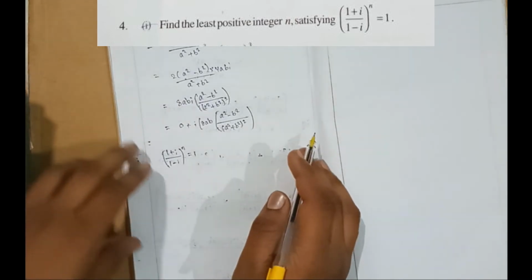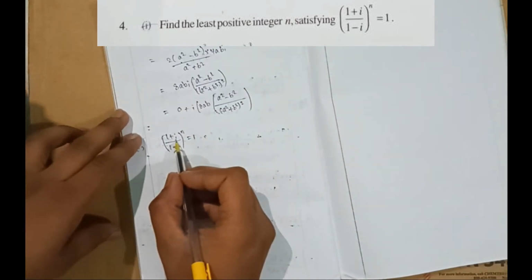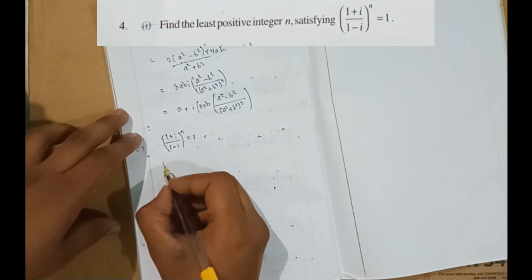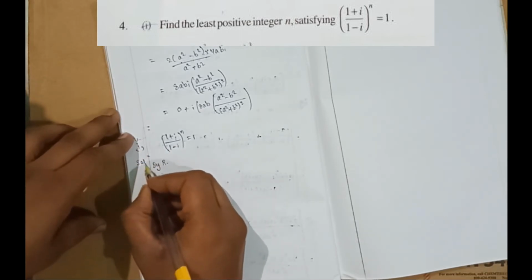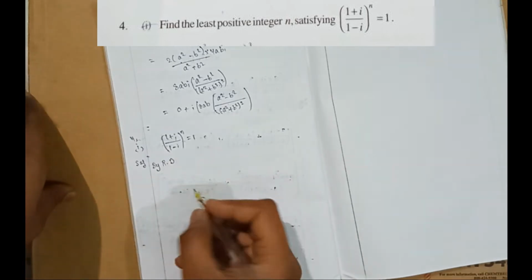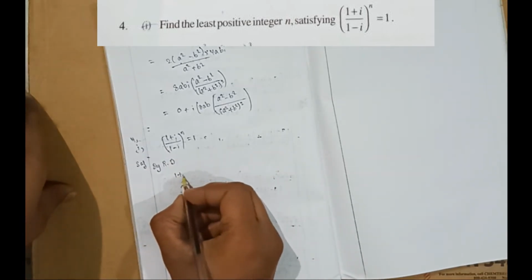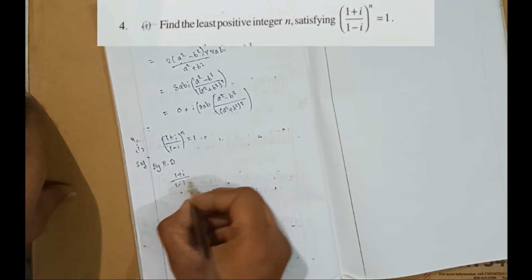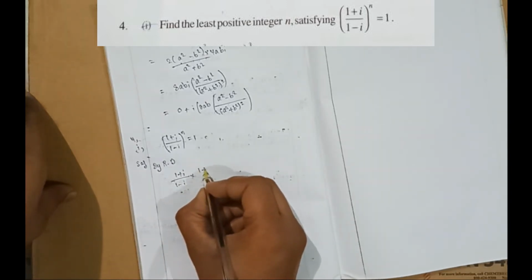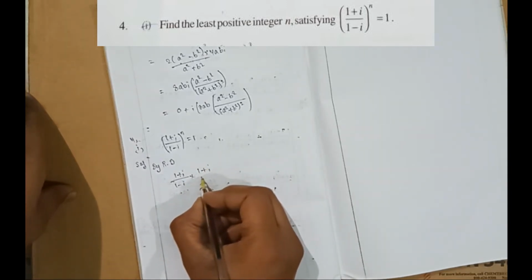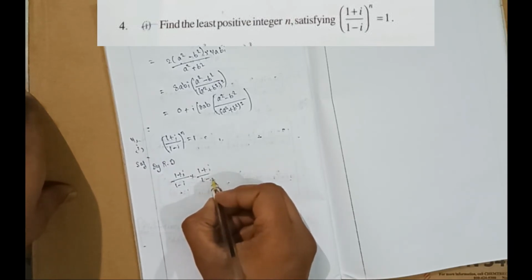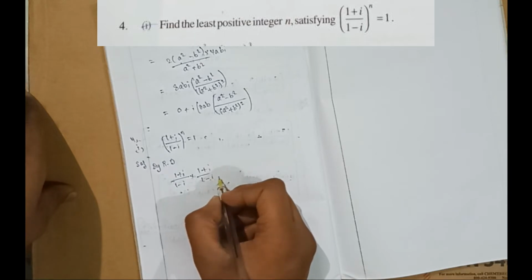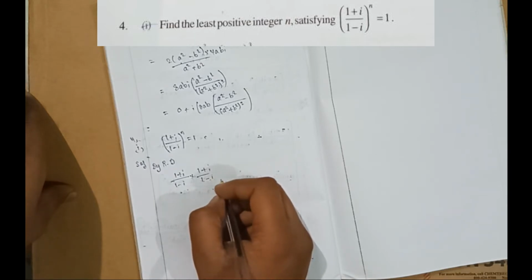So simply we will do the rationalizing of the denominator. Rationalizing the denominator: 1 plus i by 1 minus i into 1 plus i by 1 plus i.